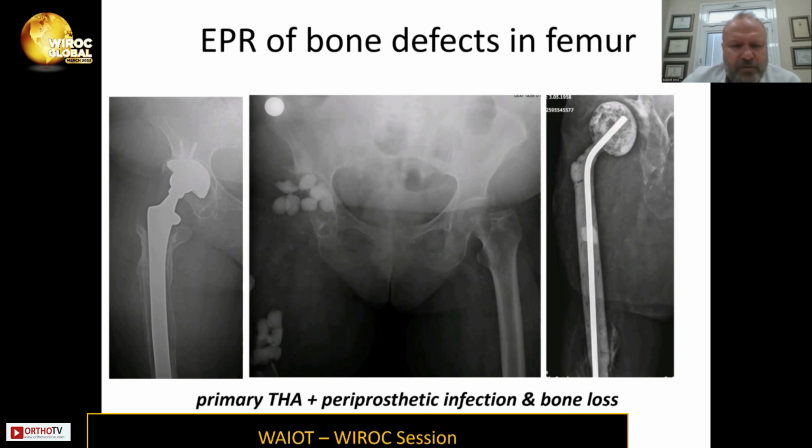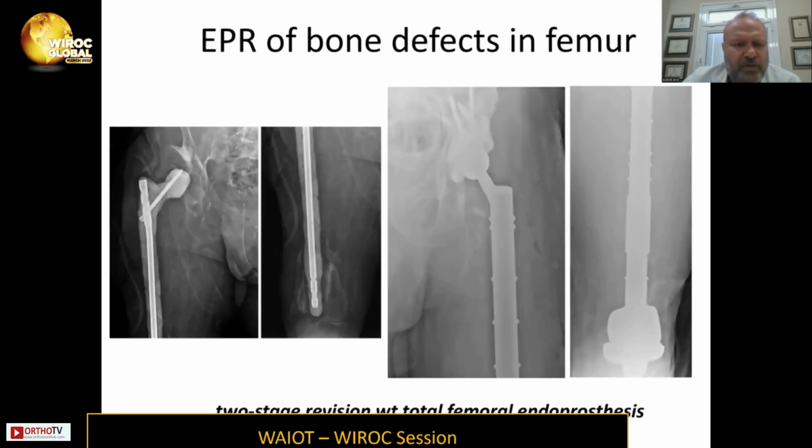This is a primary total hip arthroplasty patient, and the patient had a periprosthetic infection, and following serial debridements, a bone loss was created, and you see the final result. The whole femoral segment was reconstructed by a nail and surrounded by polymethyl methacrylate.